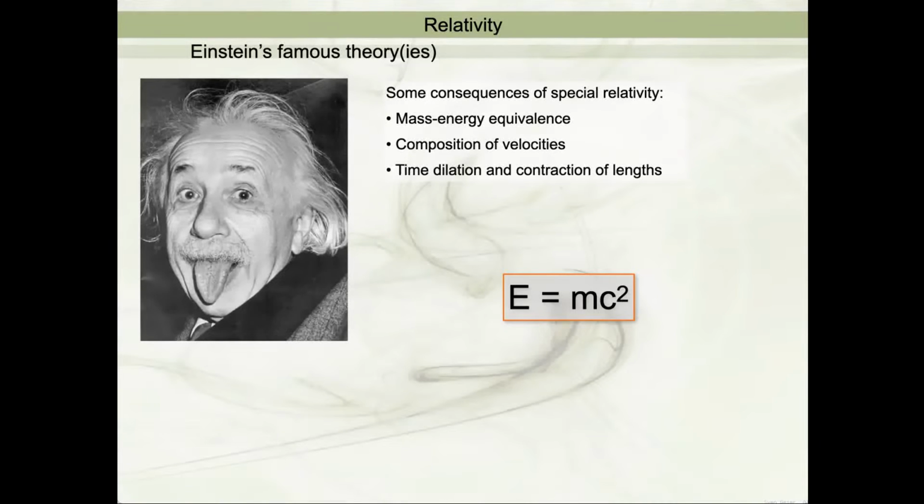Or if you take stars, they do nuclear fusion. In fusion in stars, what happens is you have very light elements. And when you combine them together to make a heavier element, the heavier element is actually lighter than the two smaller elements individually.